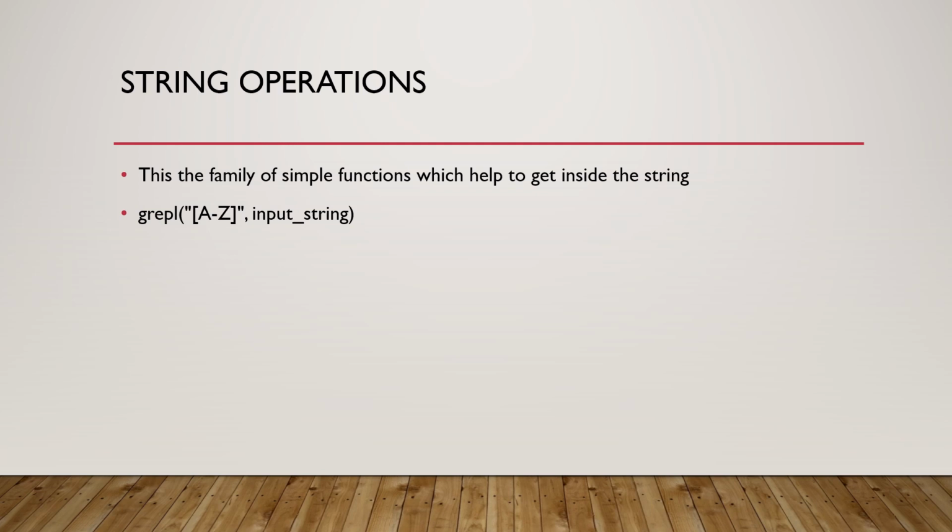We can test, given an input string, whether it contains a capital letter, contains a numerical value, or contains a punctuation sign. And all of this is basically the same function, just different parameters. That's all.